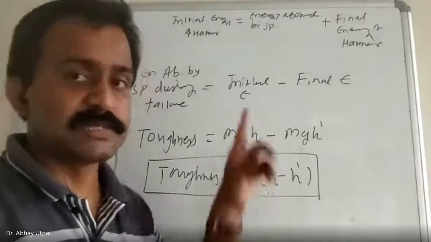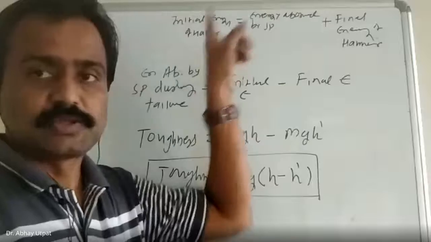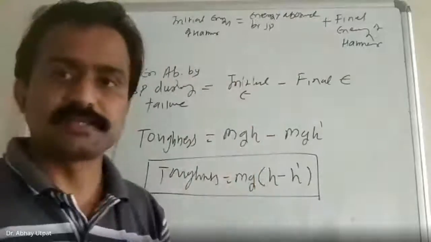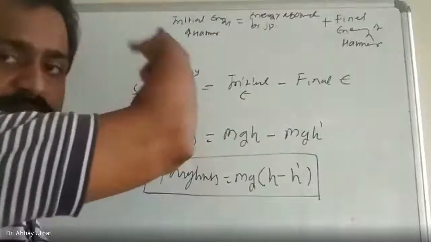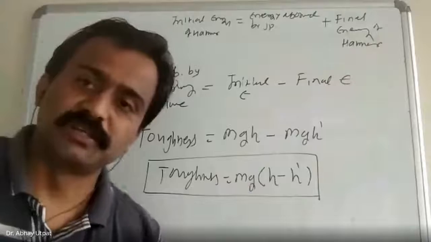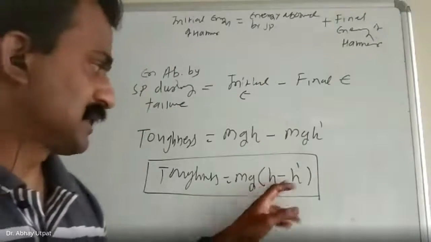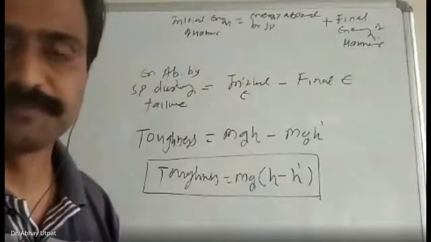So for that purpose, in your figure, you have written pointer. Just check your figure. This horizontal rod is connected to the pointer. As soon as it reaches H dash, the pointer will show the value. And directly on the machine, you will get H minus H dash into mg. The direct value of energy is shown on the machine.